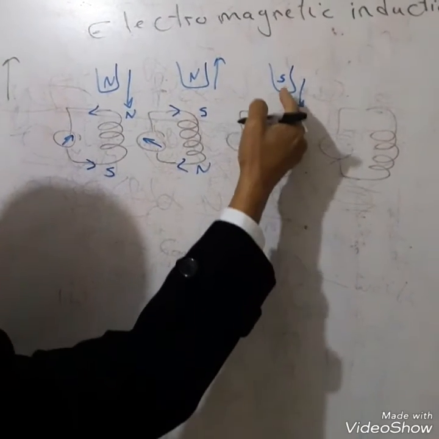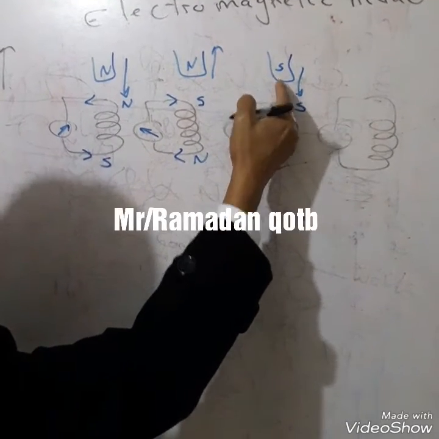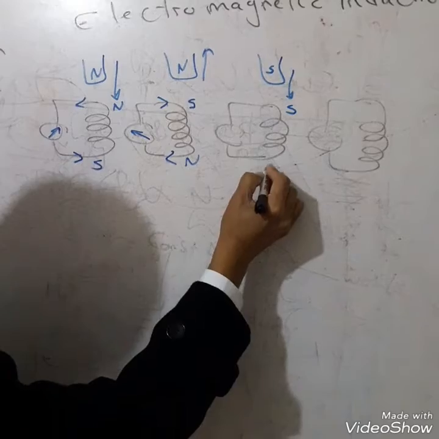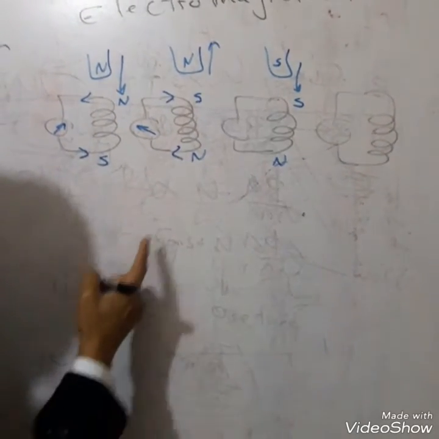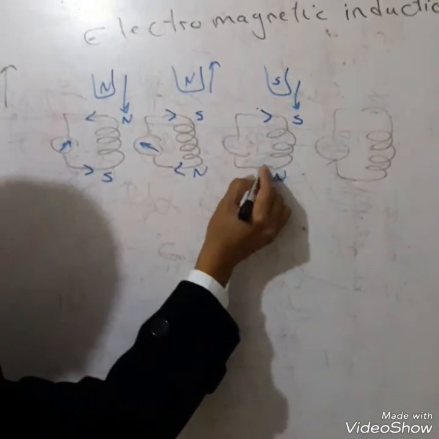How? The close side is similar, a south, and the other side is north. Why? To repel. So the current passes through the coil from S to N.